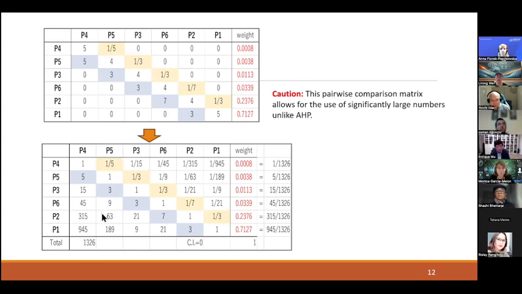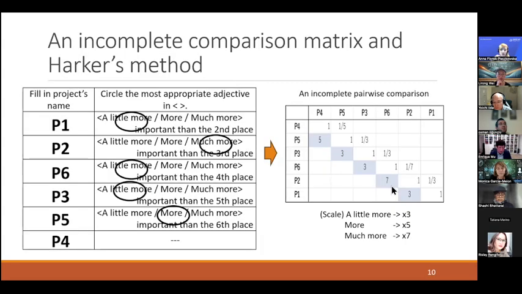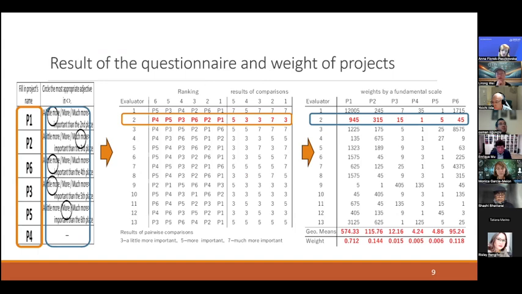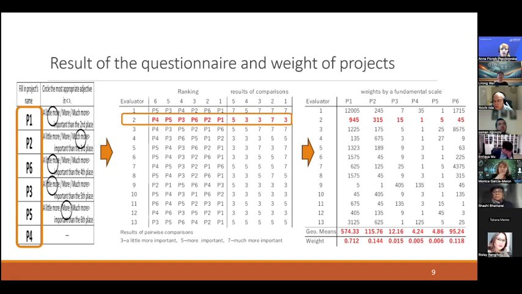Okay, we need to move on, but Anna wants to ask a question. A very short question. I think it's something related to what Monica said. Can you move back to your slide number 9, I think, or maybe 8?